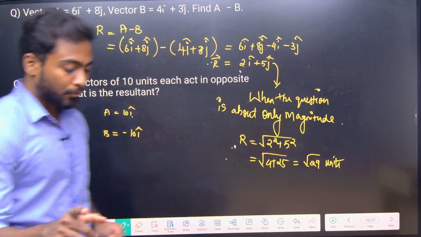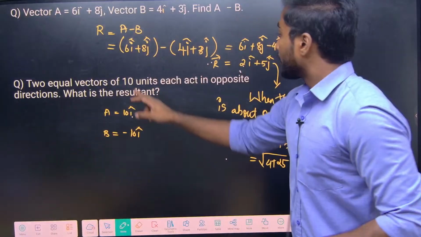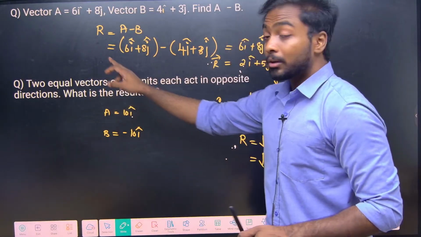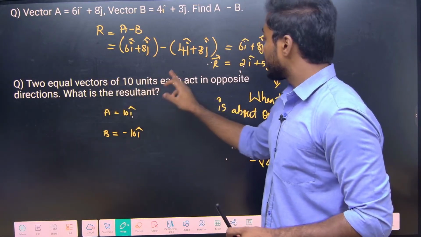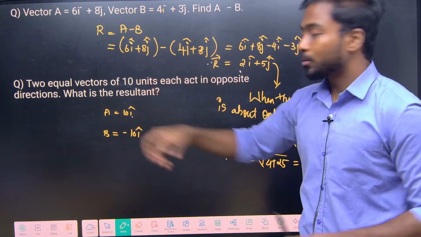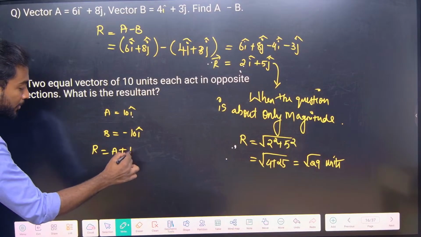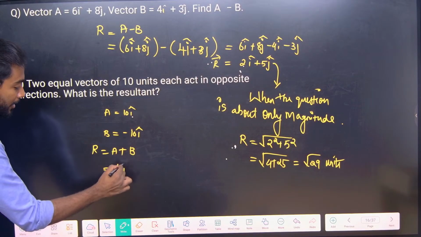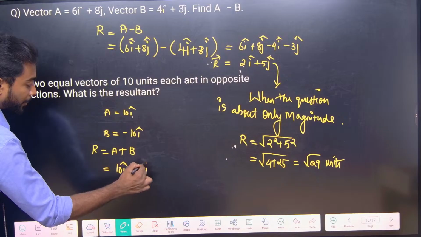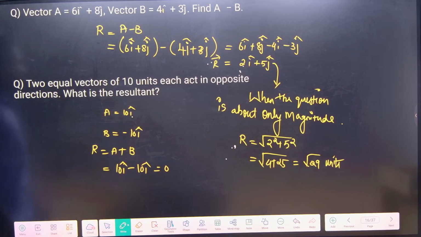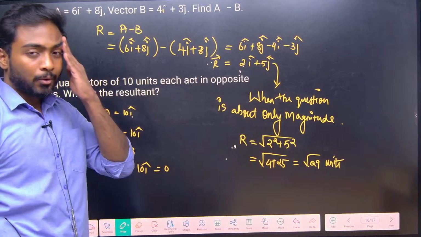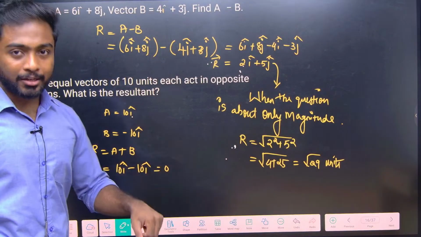Understand the question carefully. Two equal vectors of 10 units each act in opposite direction. What is the resultant vector? Resultant vector R is equal to A plus B, which is nothing but 10 i cap minus 10 i cap, equal to 0. Resultant will be 0. Okay, both are in anti-parallel direction, no?